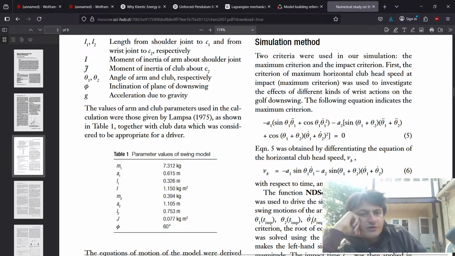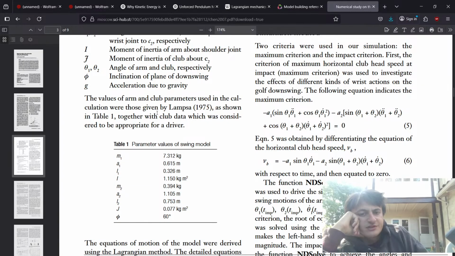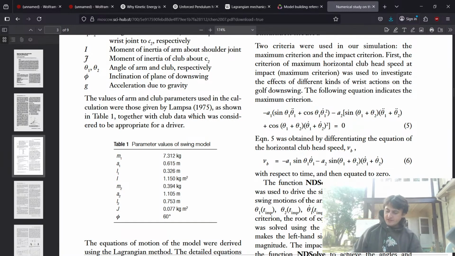The values of arm and club parameters. Okay, so right, we could go to Lampsa 1975. That's good. All right, so we need to write that down. Parameter values in Lampsa 1975.